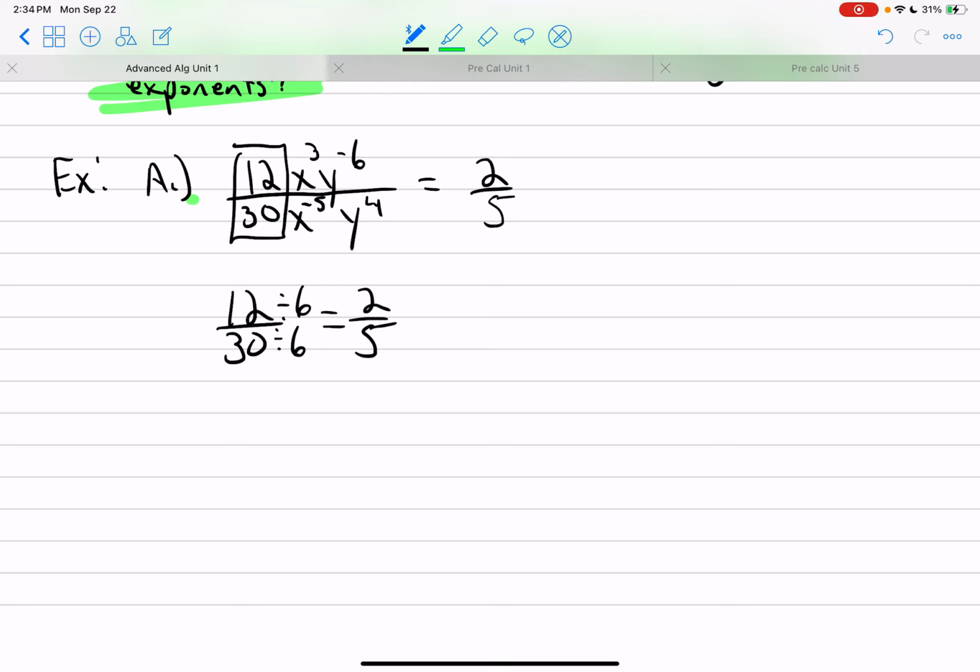Then I have x to the third over x to the negative 5th. So that's x to the 3 minus negative 5. And then I have y to the negative 6 over y to the 4th. So that's y to the negative 6 minus 4.